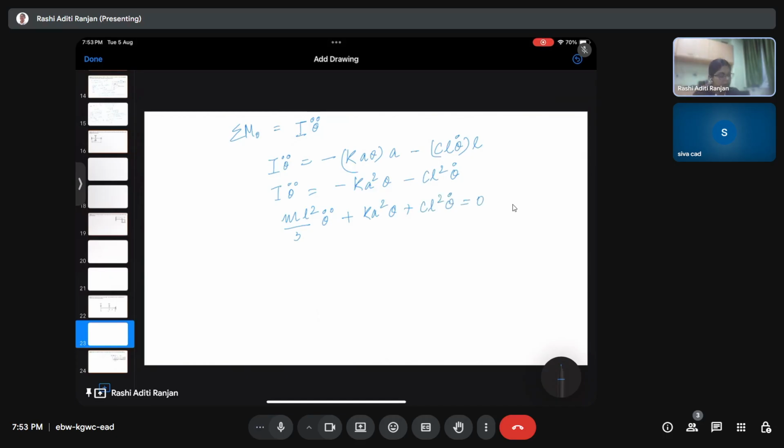Now we can further change this equation in the form such that theta double dot plus 3c by m into theta dot plus 3k by m, a by l whole square, into theta is equal to 0.